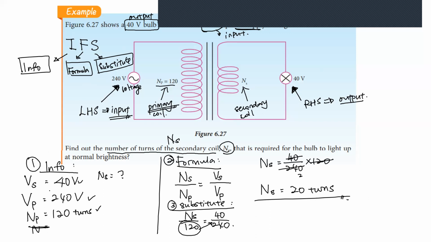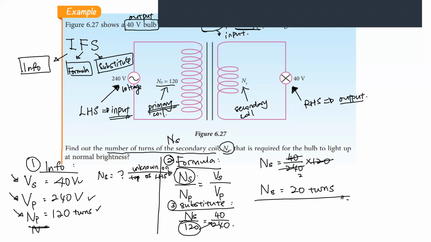Jot down the info, and then you must recognize what the variables represent. Then write the formula. Always write the unknown on top of the left-hand side.